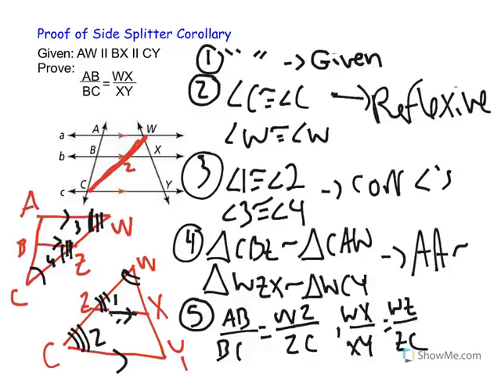So the reason I picked those orders is because I have AB where I want it, I have BC where I want it, and I have WX and XY where I want them. The reason that I know that is because of the side splitter theorem that we just talked about.